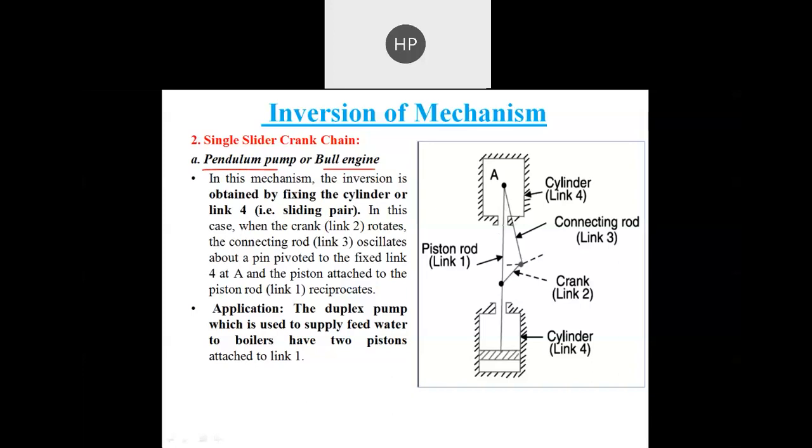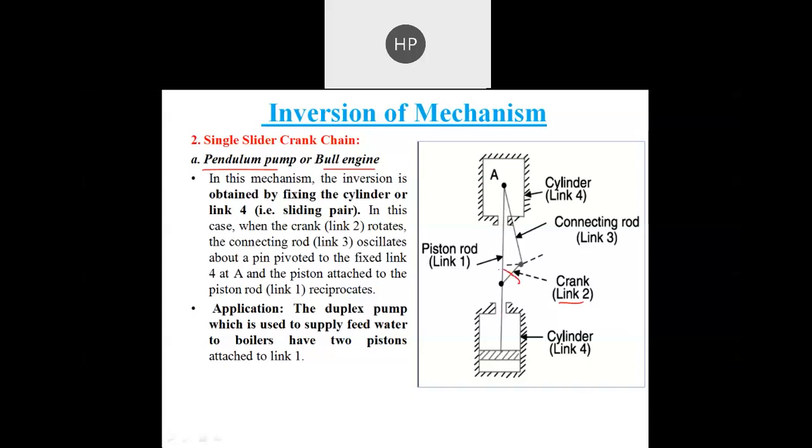Okay, so in this case, this link number 4 which is over here is fixed, and in this one the link 2, which is the crank, will rotate.